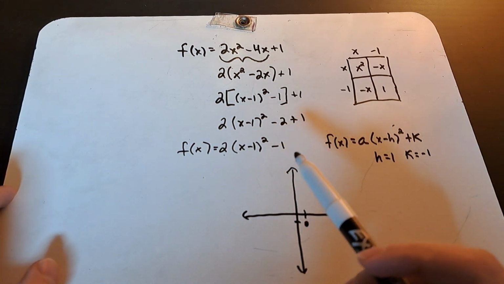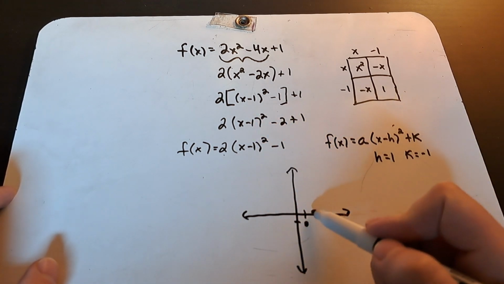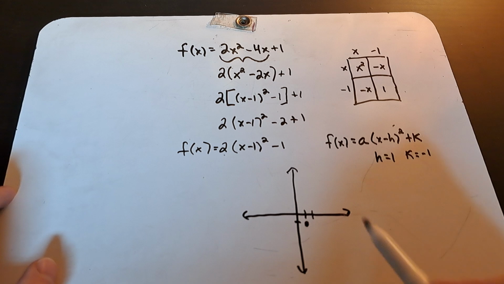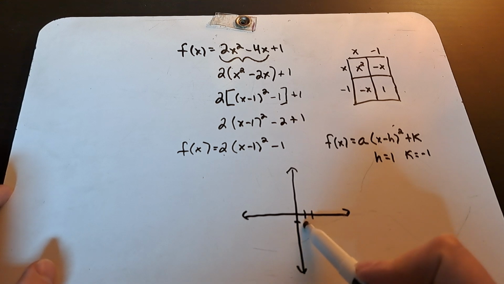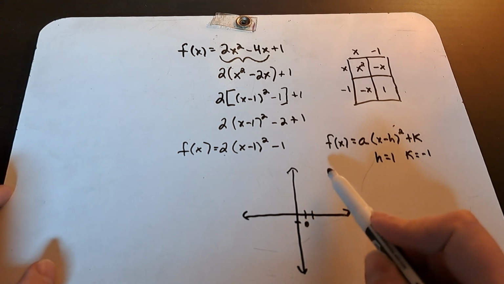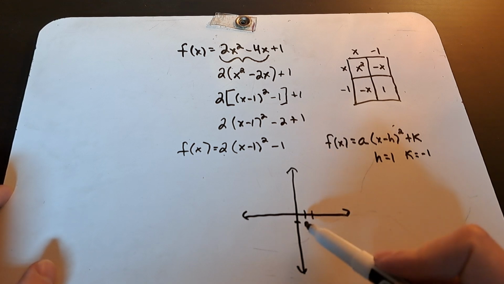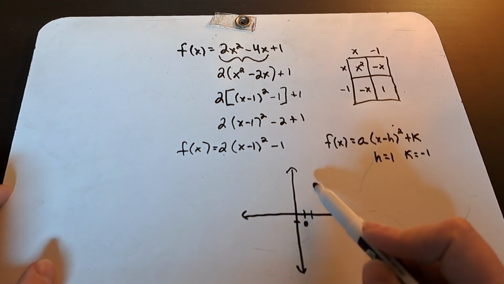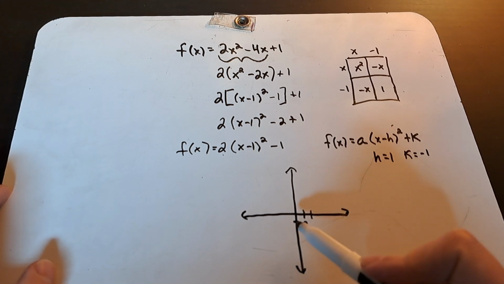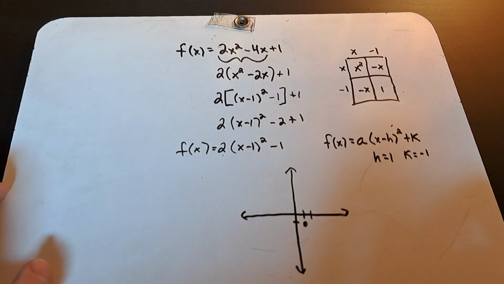And what I'm going to do, rather than transforming points on this, I'm actually just going to plug in a point, x equals 2, and I'm going to figure out what the output is. Because at the vertex, realize that this thing is going to have a certain amount of symmetry around the vertex. So if I can find whatever the output is at x equals 2, well, I can figure out what the output is at x equals 0 because it's going to have that similar symmetry here.